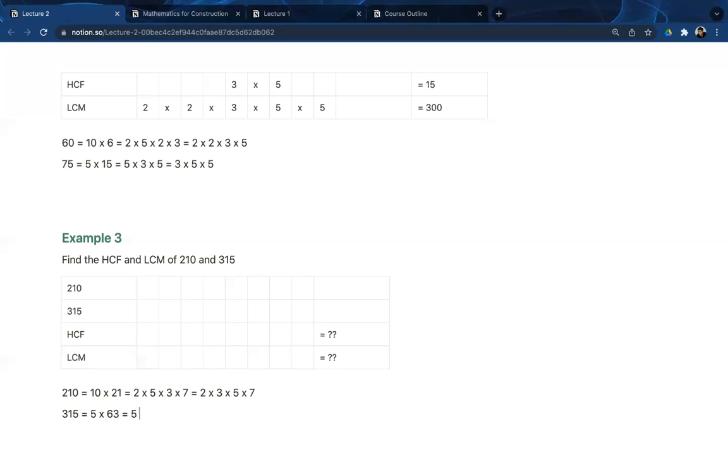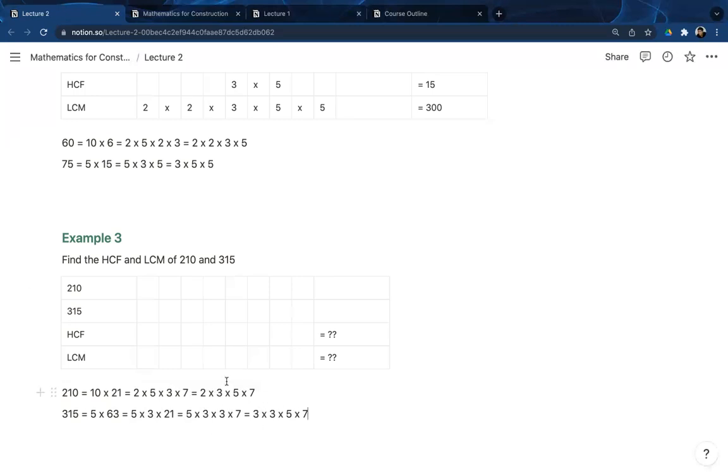So this is 5 by 63 divided by 3, so this is 3 by 21, right? So this is 5 by 3 by 3 by 7. And we could represent it in ascending order of numbers like that.